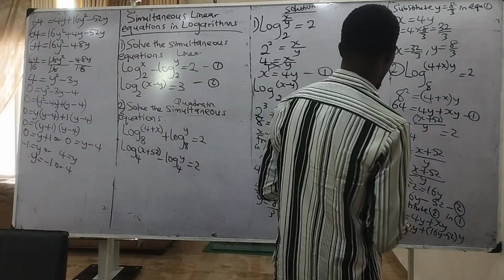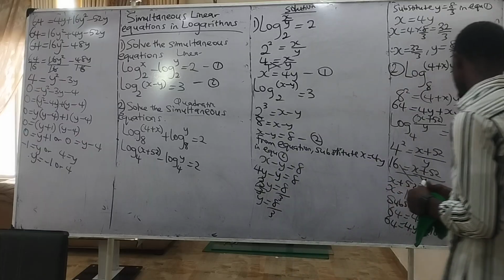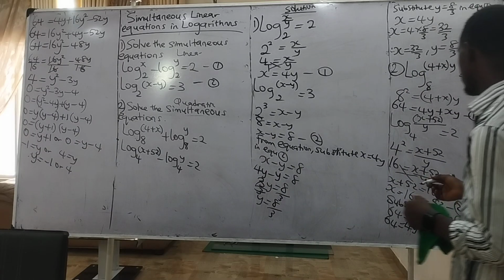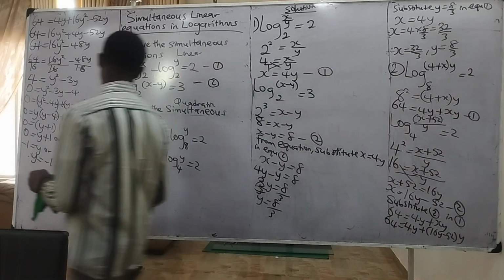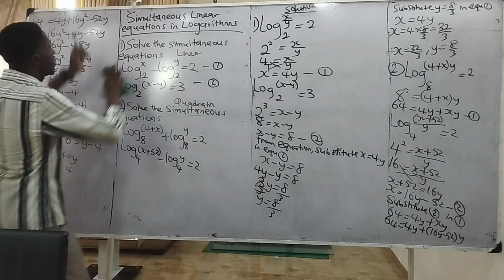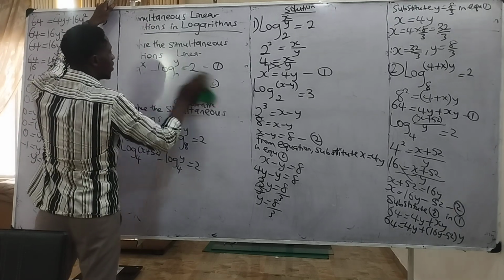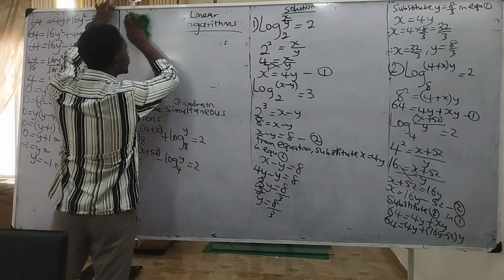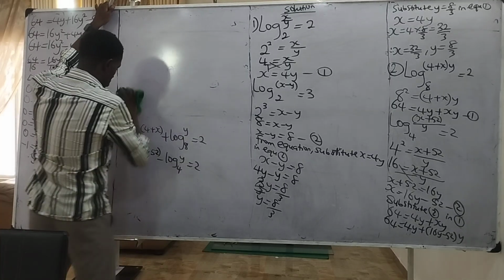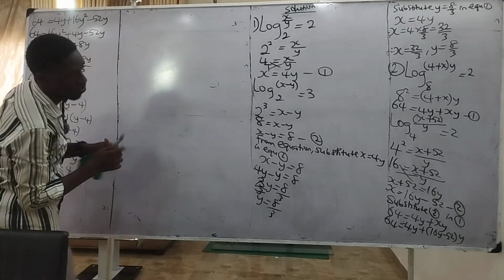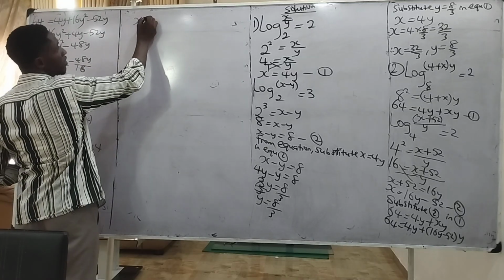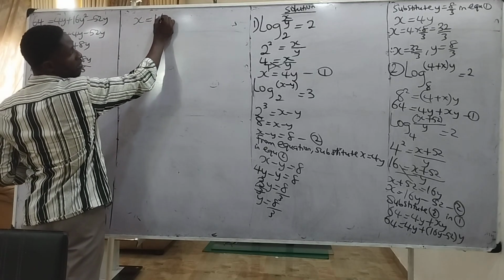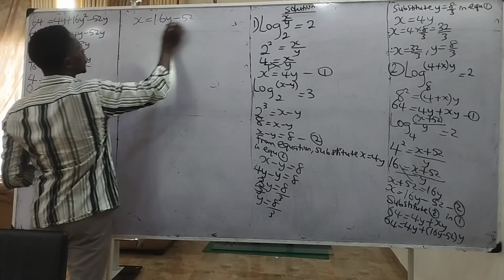So let's go to this place here where we made x the subject in equation 2. In equation 2, we have x is equal to 16y minus 52.